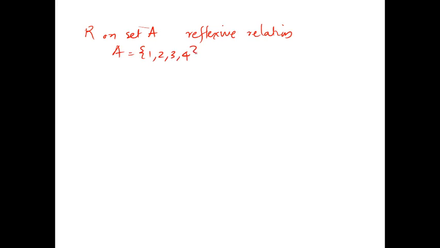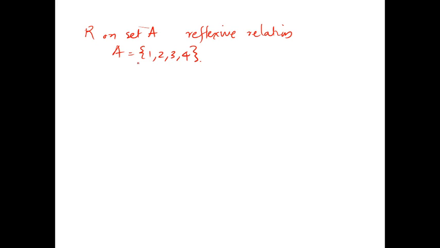I am defining a relation R on a set A as reflexive. How can I define a reflexive relation? Suppose A is equal to the set 1, 2, 3. I am going to define a reflexive relation in it.